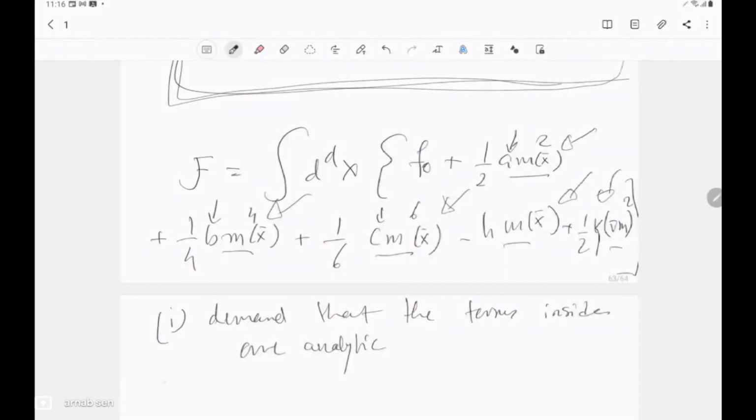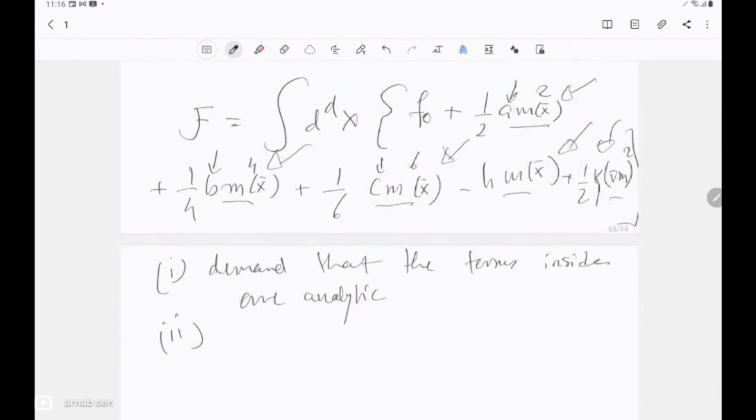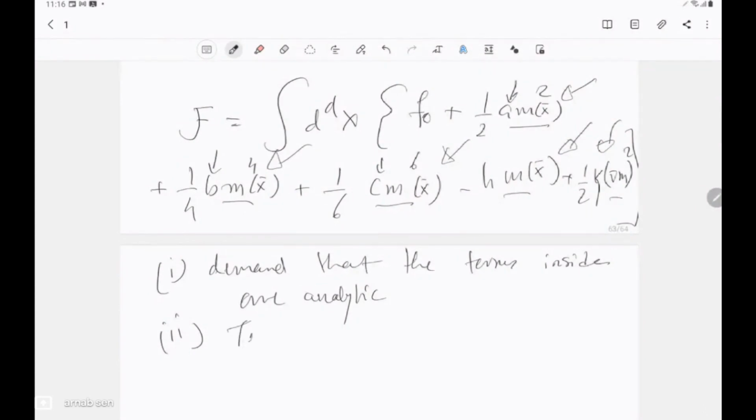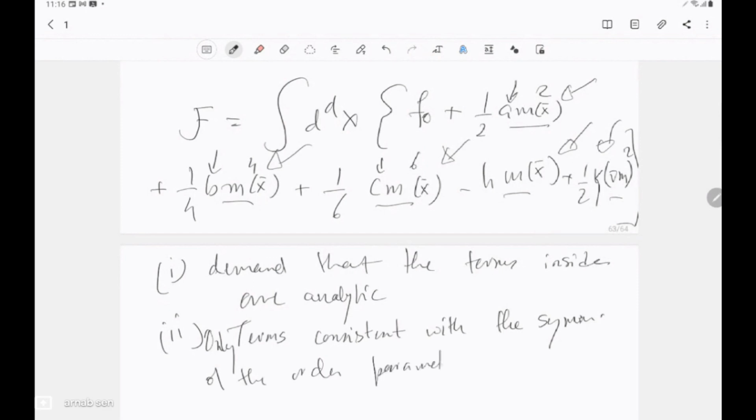Then you just use your usual Taylor series expansion techniques to say that something is more important or less important than something else. And the second thing that Landau demanded was that only terms consistent with the symmetry of the order parameter are written down. This is basically how you construct this phenomenological theory.